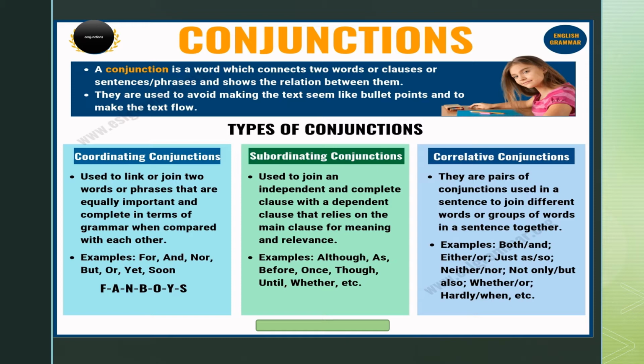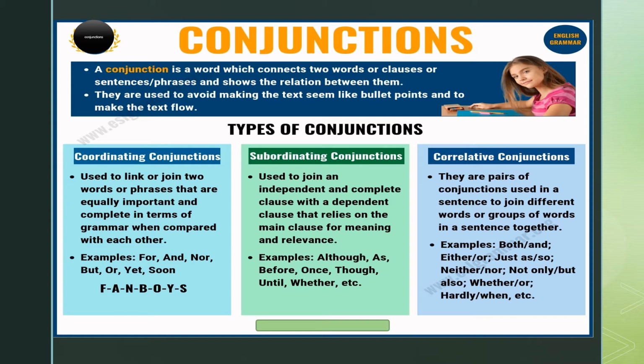Coming to the third kind of conjunctions that we shall study today, correlative conjunctions. Now they are pairs of conjunctions. Remember, these conjunctions exist in pairs and they are used to join different words or groups of words in a sentence together. Once we use them in sentences, you will understand the difference between the three. Let us see the examples of correlative conjunctions.